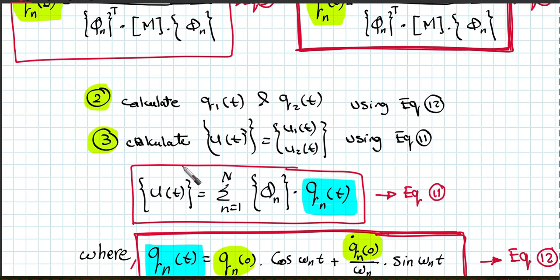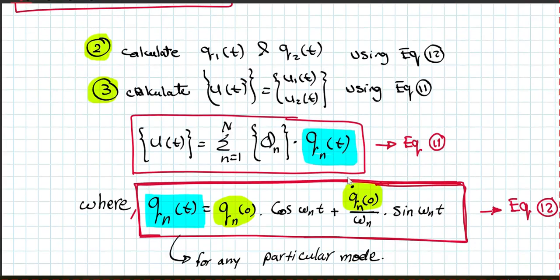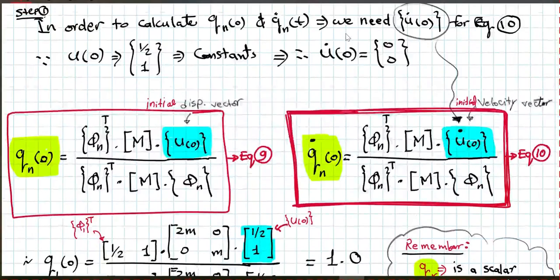Based on that, we are going to have the final response, which is the summation of all mode shapes. Every mode is going to be multiplied by qn of t. And we said this qn of t we can obtain from equation 12 from the previous lecture, and that it has the two contributions of the initial displacement vector and initial velocity vector. Okay, now let's go to the next part and see how we can understand more.